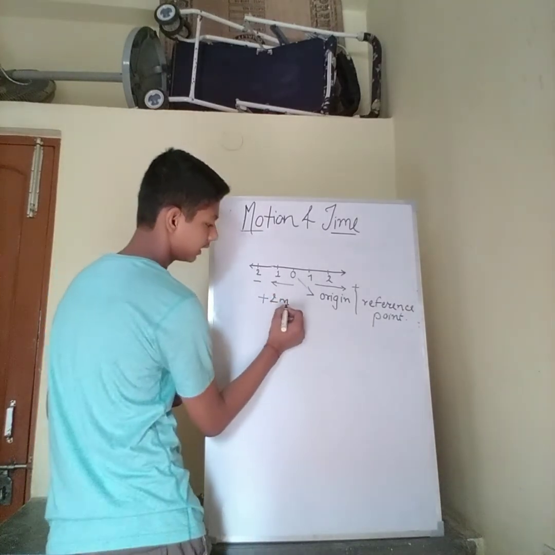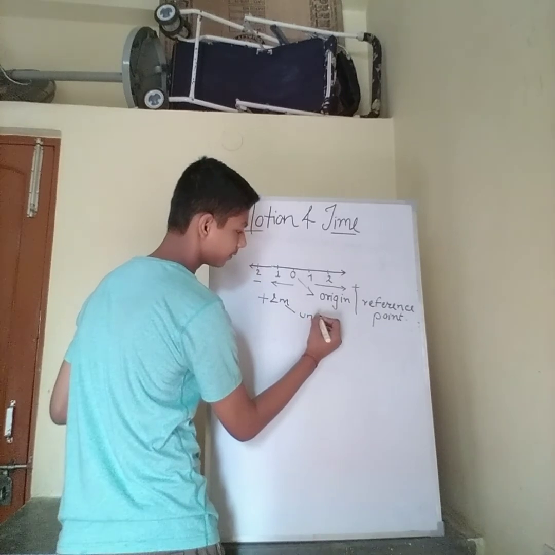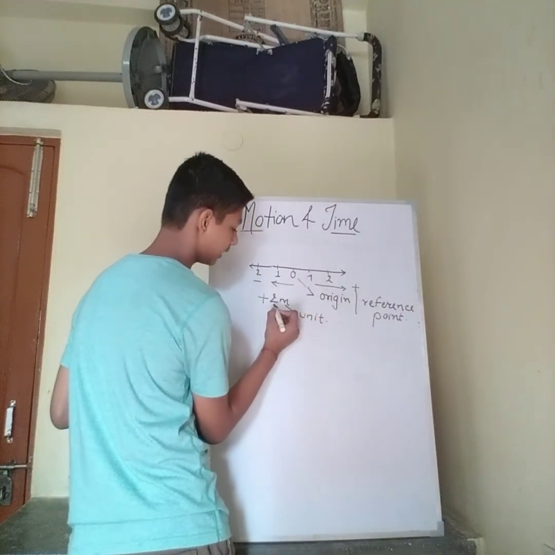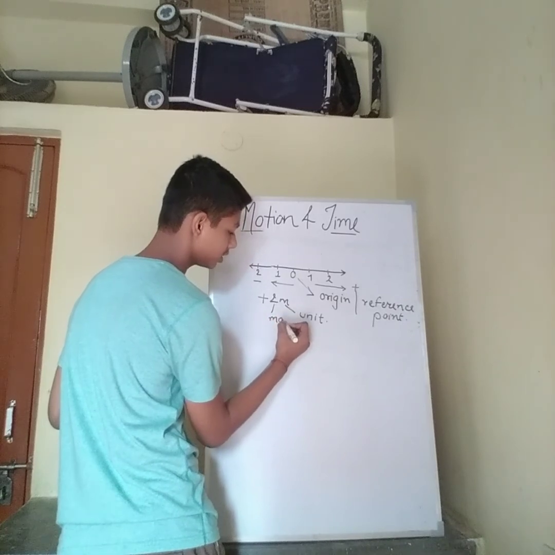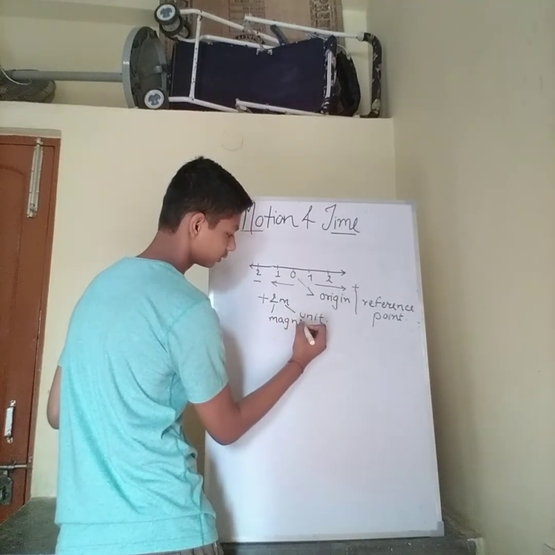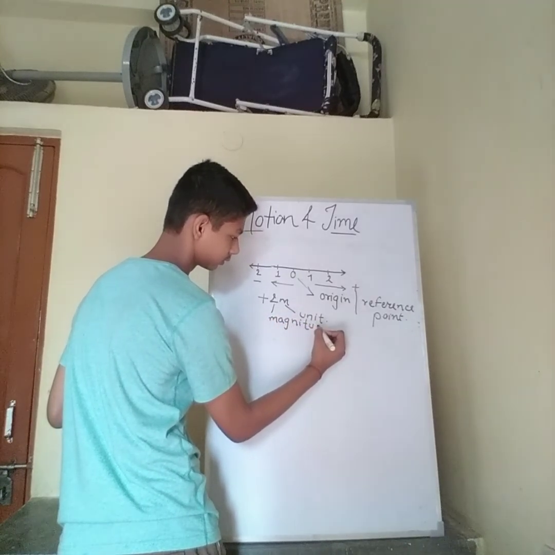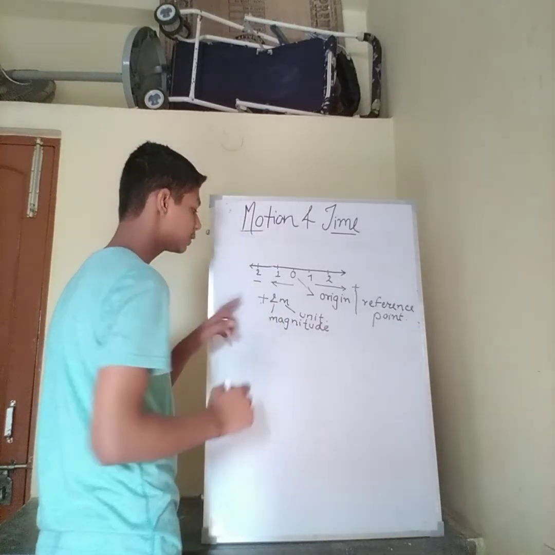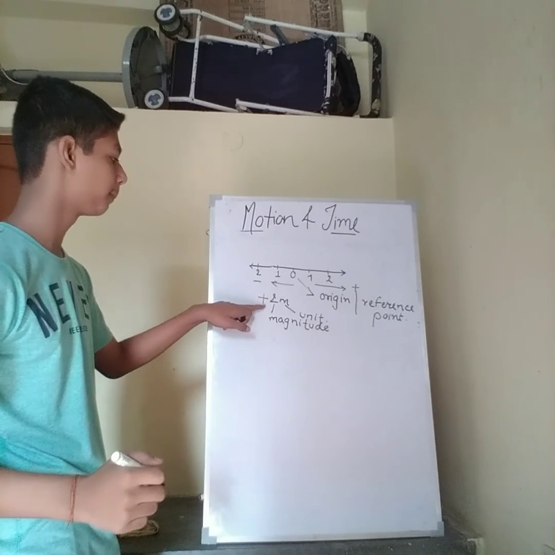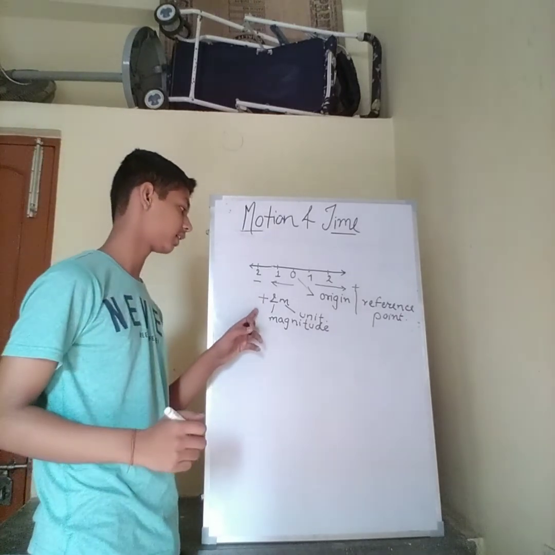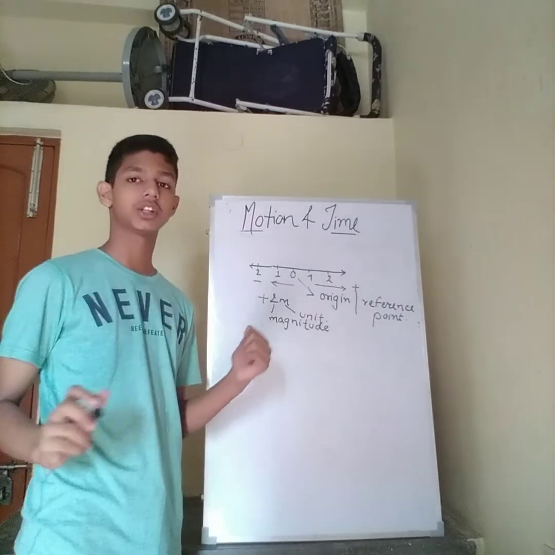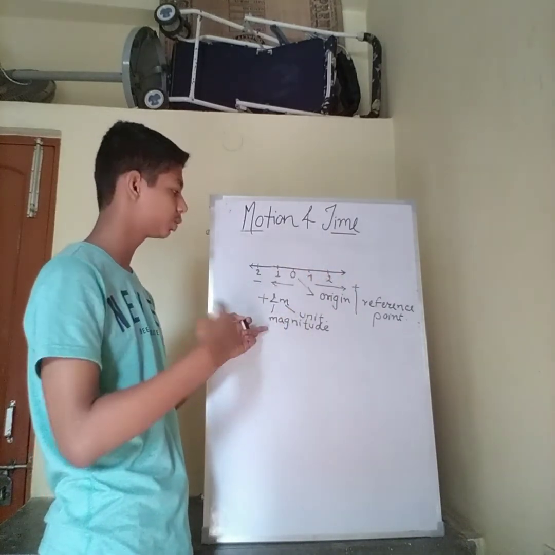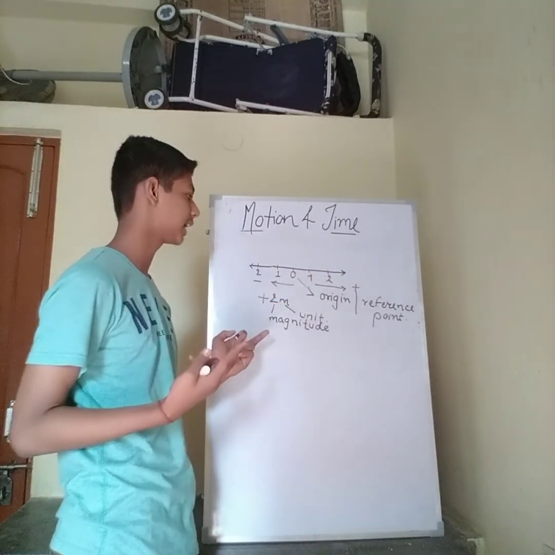Here meter is the unit of length. Okay? And 2 is called the magnitude. And it is a plus sign, but it is here to denote the direction. Means in this direction, the particle has gone through 2 meters in 2 seconds.